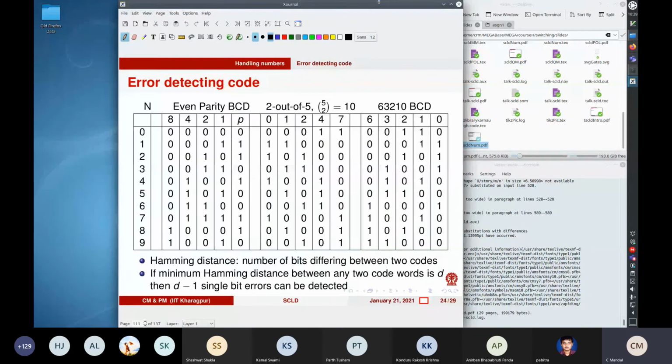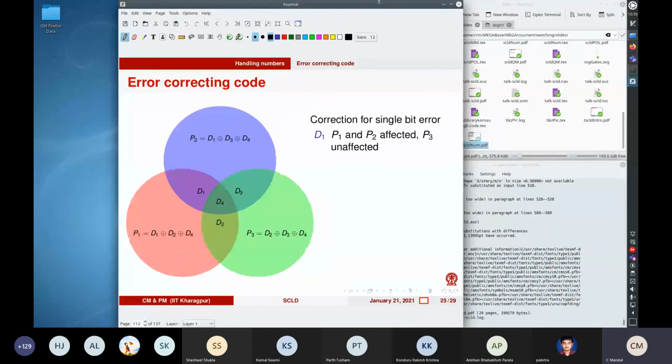Okay, so let us look at a particular error correction code. We saw that with the addition of redundant bits, it is possible to both detect and correct errors.